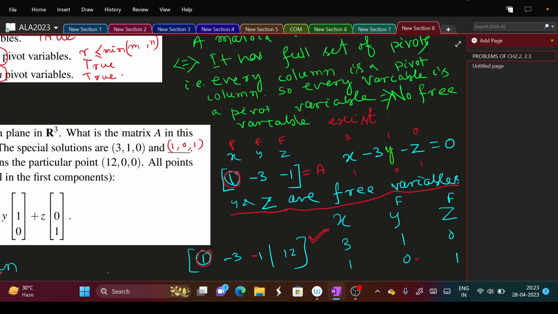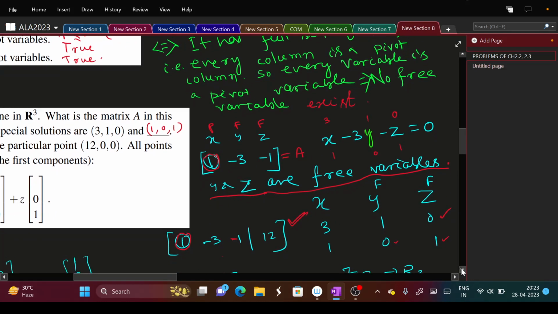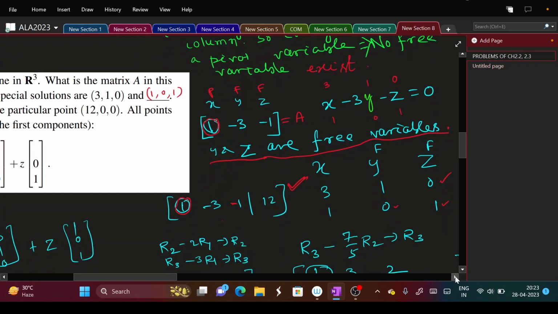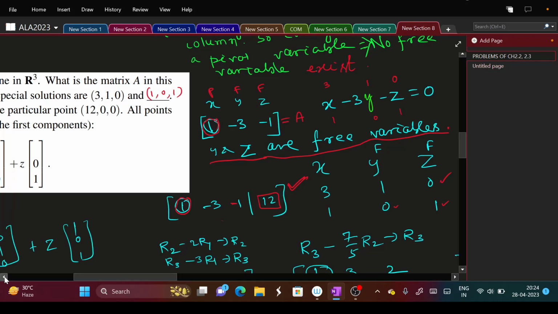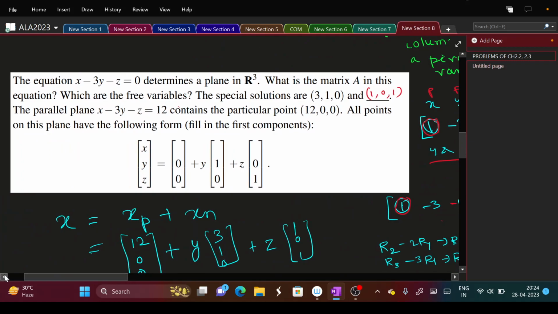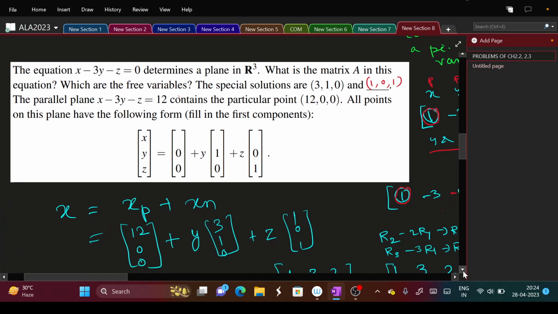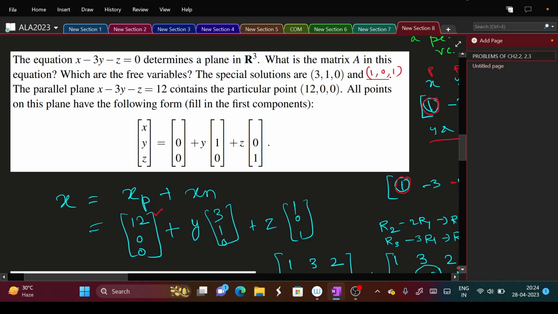To find out xp, what we used to do? In the free variables we used to substitute 0, and for the pivot variable we used to substitute the RHS value. So here the pivot variable is x, and for x we will substitute 12, and y and z are free variables, there we will substitute 0 to get the xp. So xp plus xn, this is my xp.